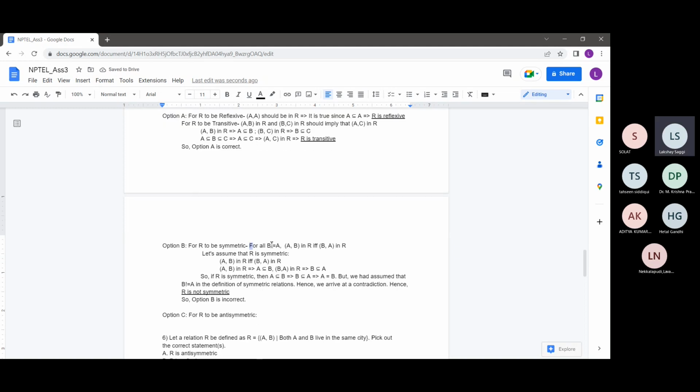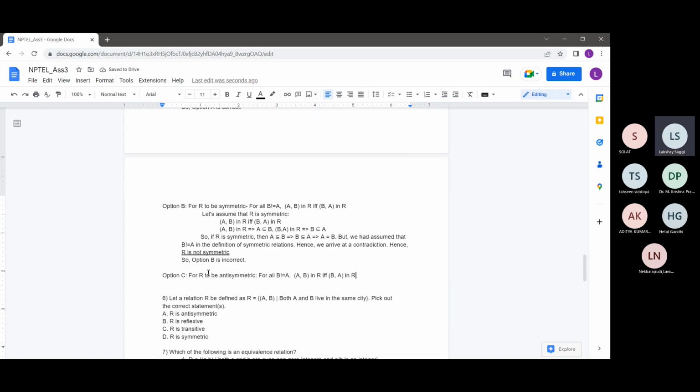For R to be antisymmetric, antisymmetricity is basically defined as for all B not equal to A, if A comma B is in R, then B comma A is not in R. Symmetricity was defined as if A comma B is in R, then B comma A is in R. But antisymmetry is defined as if A comma B is in R, then B comma A is not in R, for all B not equal to A.